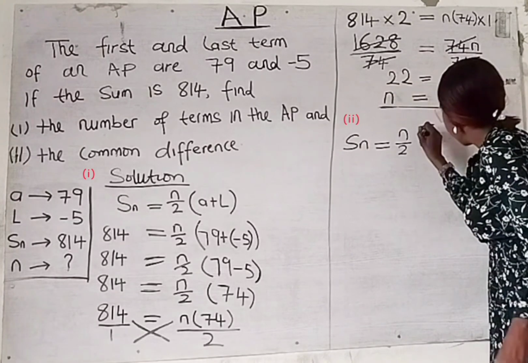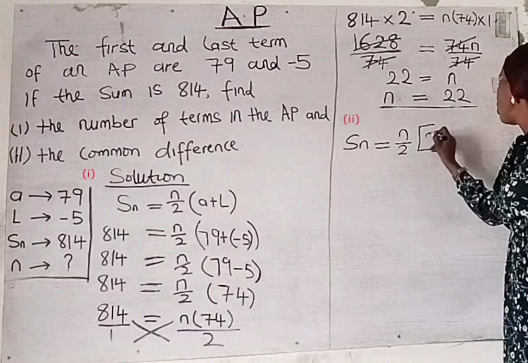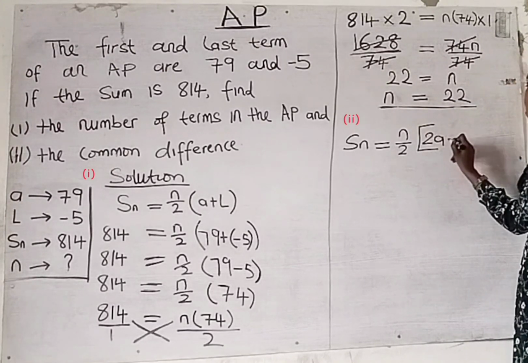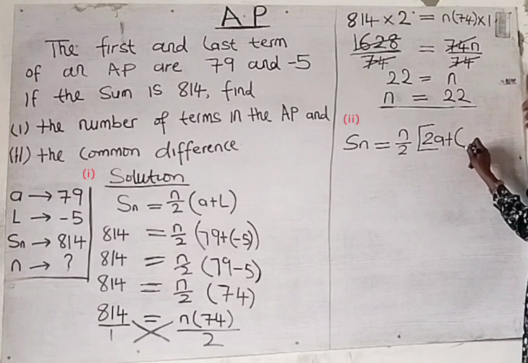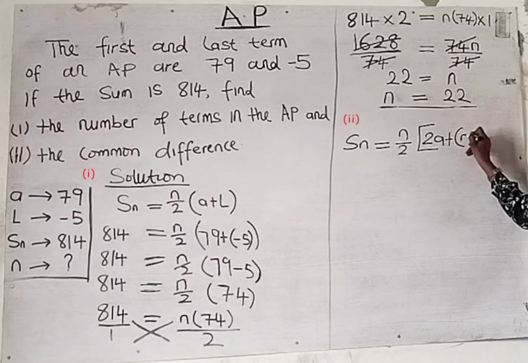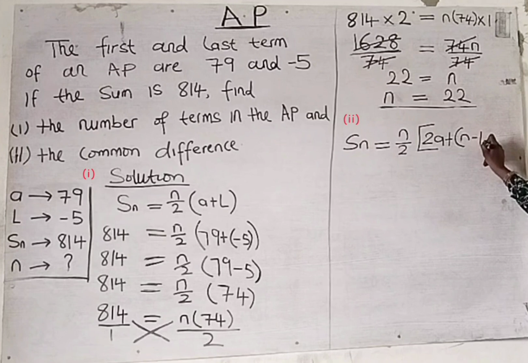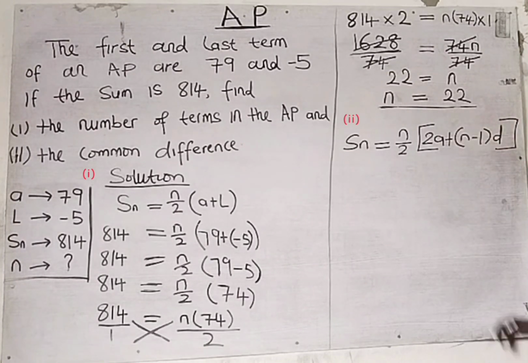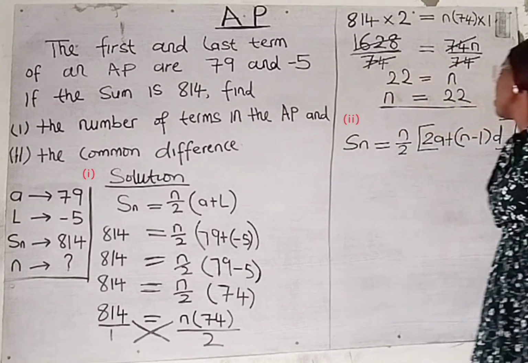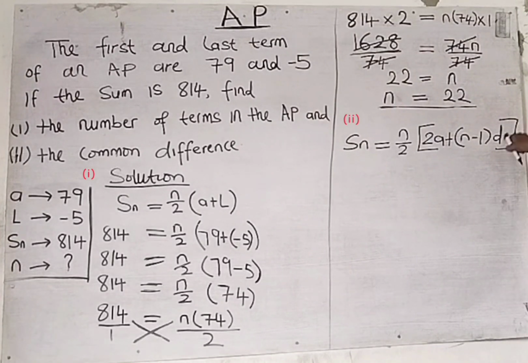Open big bracket, 2a plus open small brackets n minus 1 close small bracket d, then close the big bracket. This is the formula we'll be using now to solve for the second question, because it has provision for d, which represents common difference. Okay, we go.